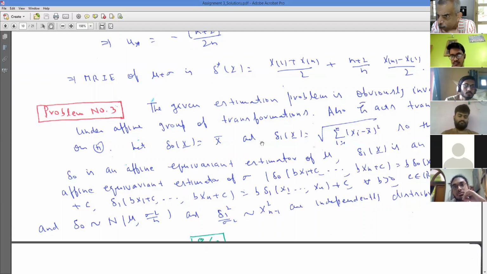Now, in the case of mu plus sigma, initially I was interested in estimating mu plus sigma. In the transformed problem, under G bar BC, mu has become B mu plus C, and sigma has become B sigma. So the sum of the two has become B mu plus C plus B sigma, which is B of mu plus sigma plus C. But mu plus sigma was the original estimate.